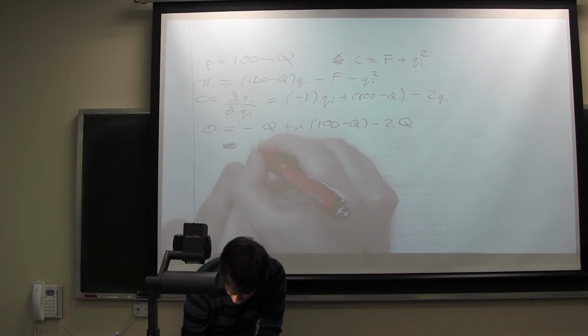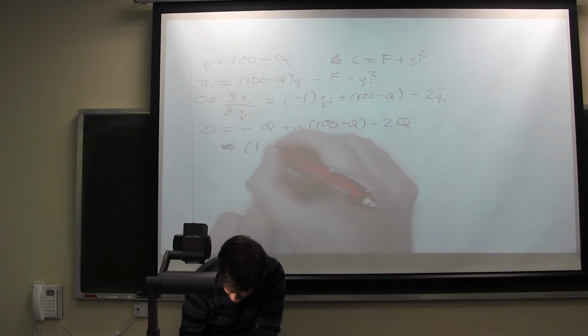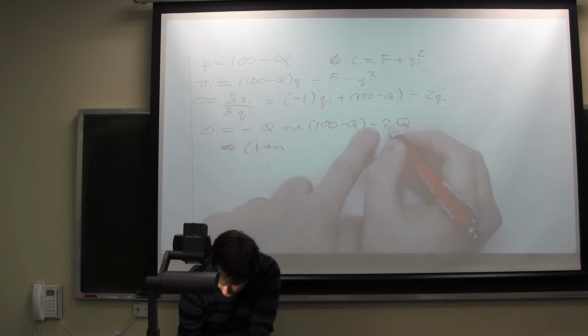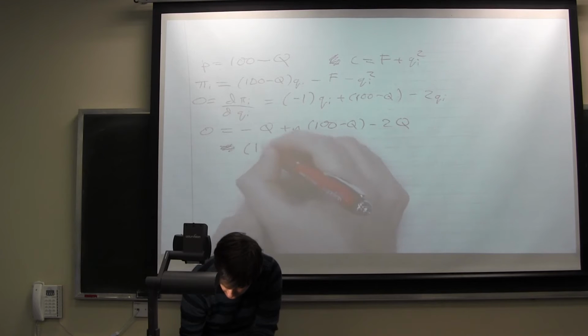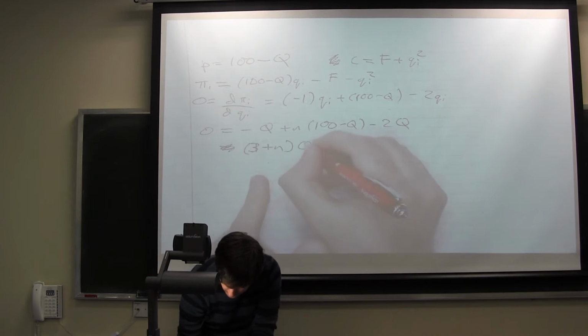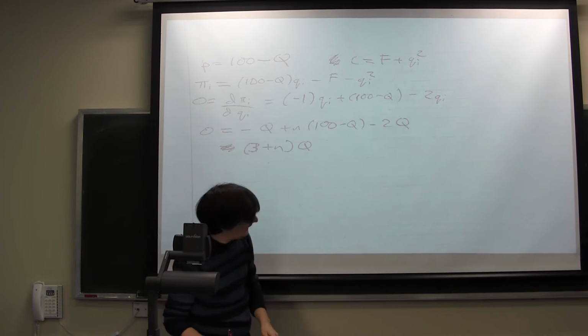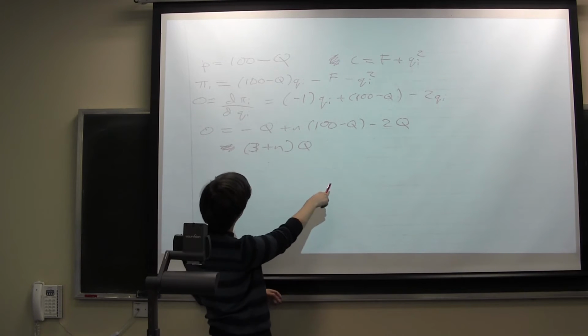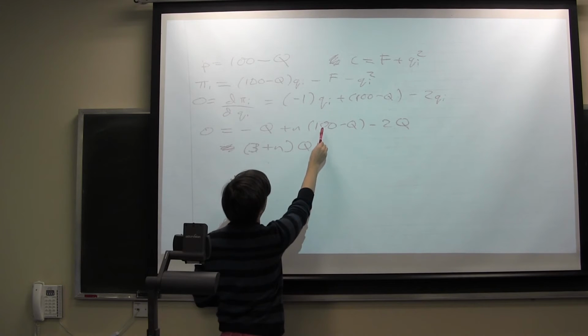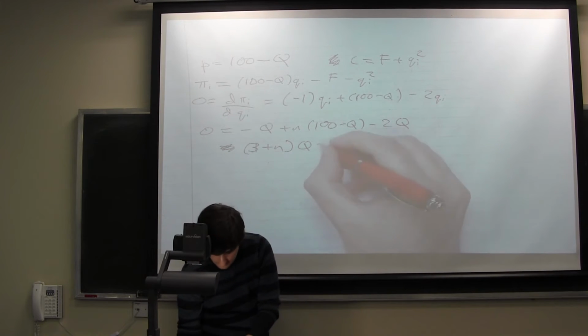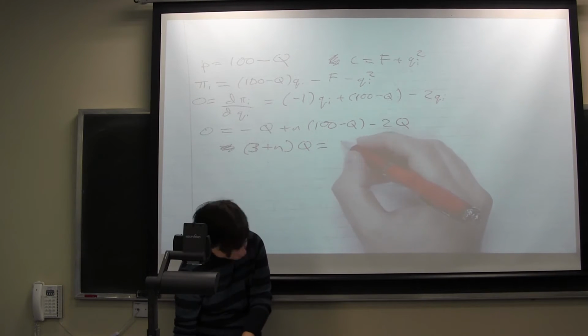I'll put them on the other side. So we've got 1 here, we've got n here, 1 plus n, and then we've got 2 there. So 1 plus 2 is 3. 3 plus n times Q, and then what's left to go on the right hand side? Well, it's just that bit, so 100n.